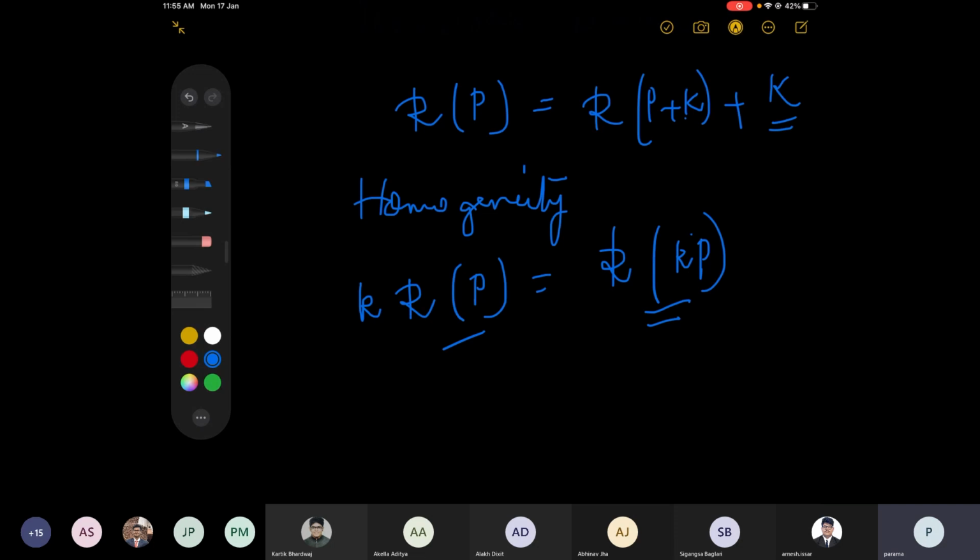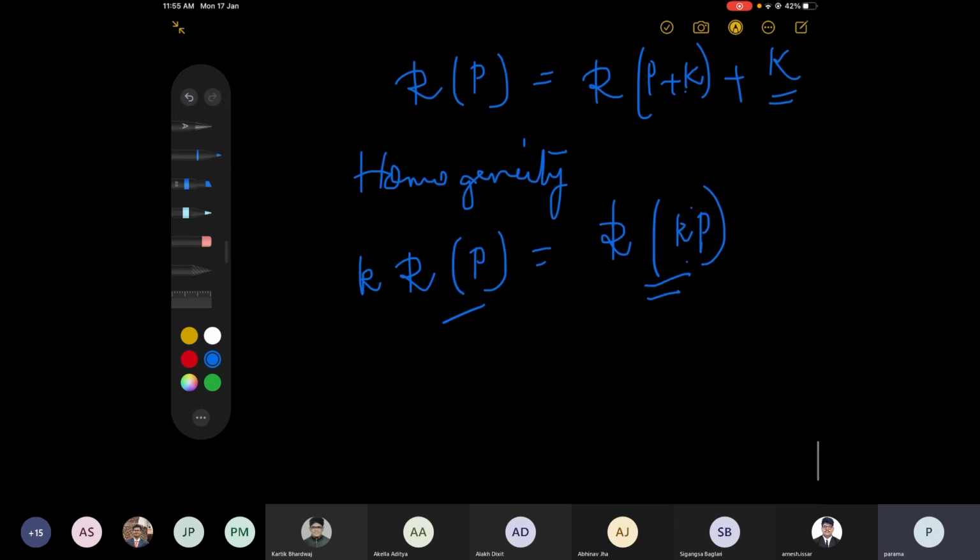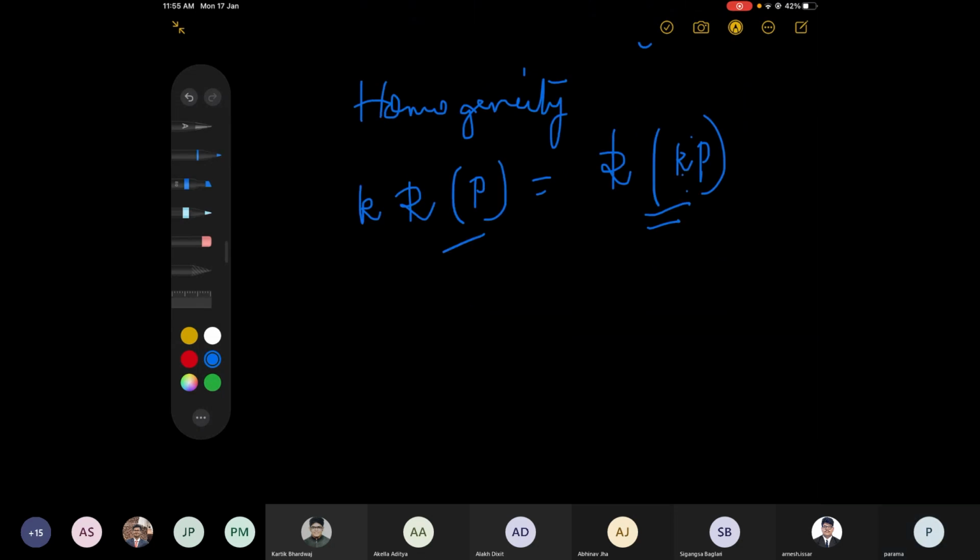This is not followed by standard deviation. So when you scale the portfolio by K, the risk measure should also increase by K.